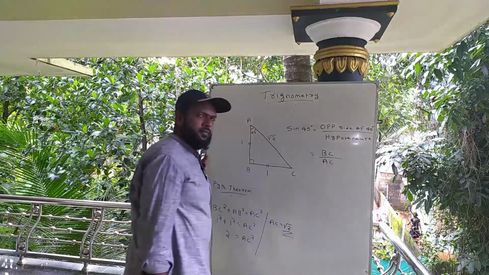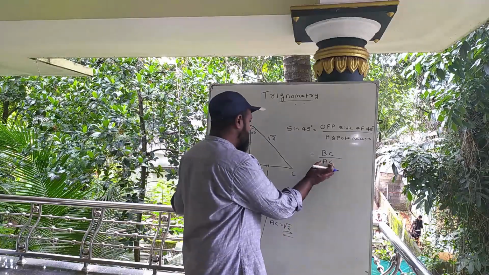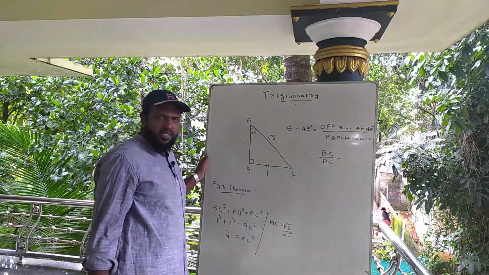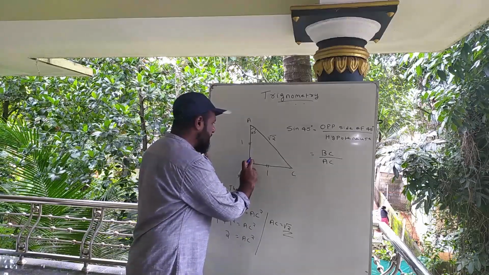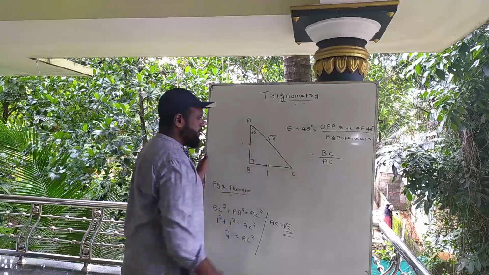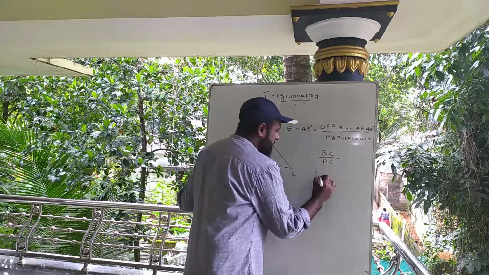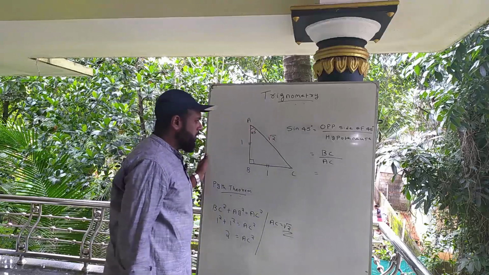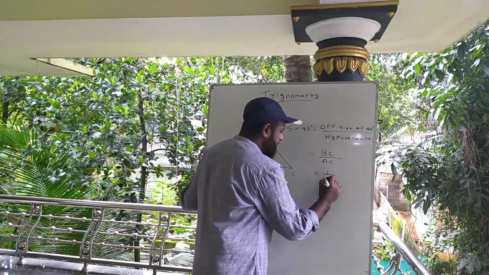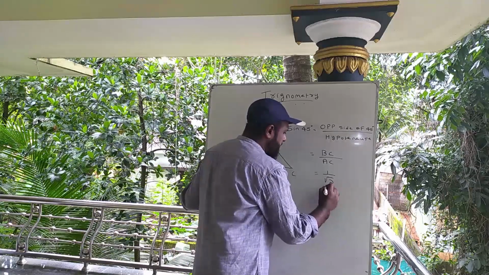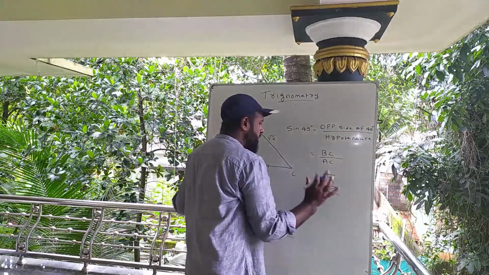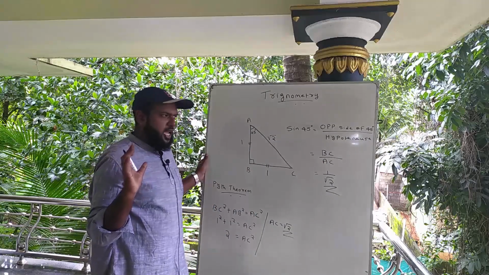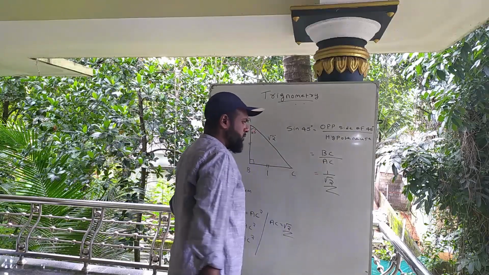The hypotenuse is AC, because that is opposite to the right angle. Equal to 1 by root 2. Here we got sine 45 degree as 1 by root 2.